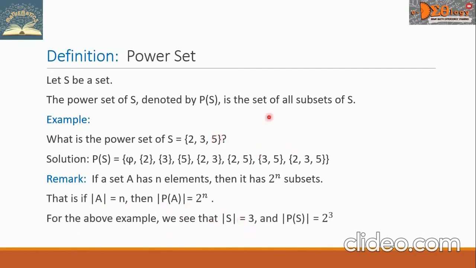In other words, the number of elements of S is 3. Then the cardinality of P of S equals 2 raised to 3, and this is equal to 8. It means there are 8 subsets in the power set: 1, 2, 3, 4, 5, 6, 7, and 8.